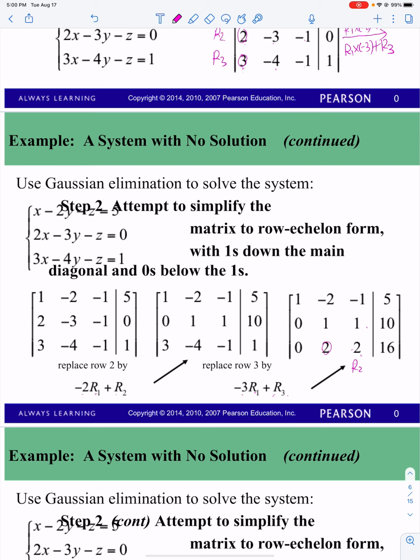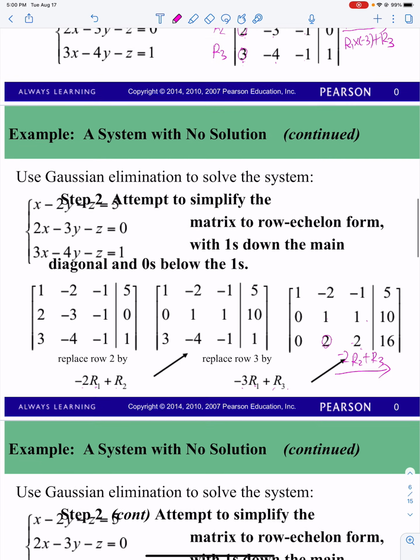Your R2: -2 R2 plus R3, the way the book writes it. Because here is 1 and you want 0 for the 2, we want times what? -2, to get the opposite here. So -2 R2 plus R3.